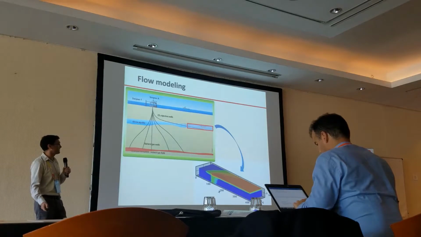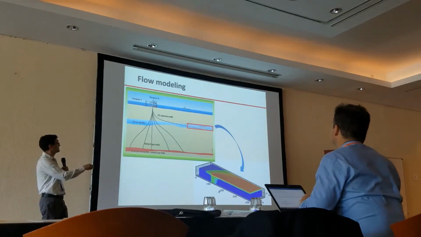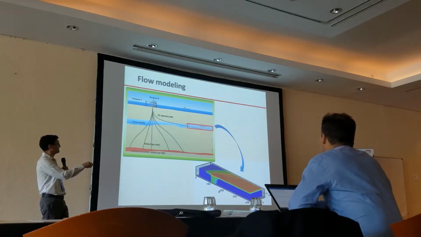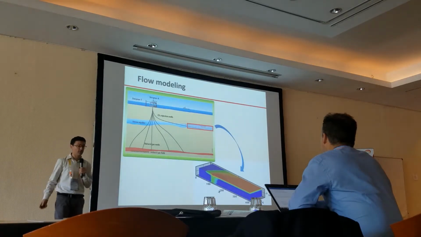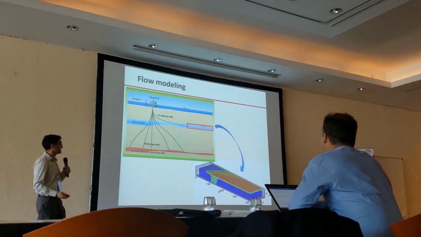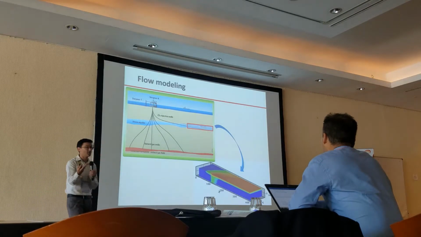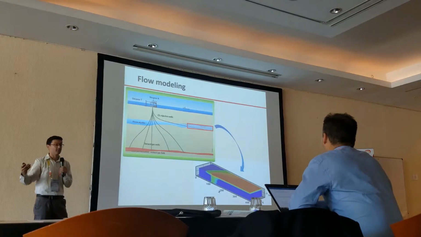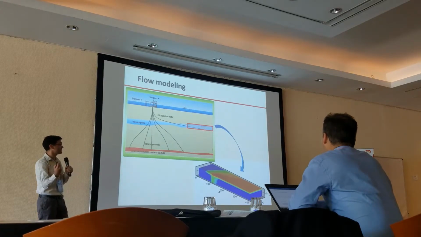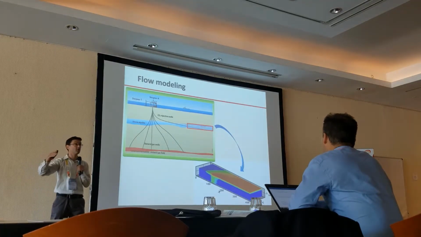So flow modeling, very basically, you identify the region where you are injecting the CO2, and you need to make a physical model by solving the equations. So the physical model, you have to construct it, you have to know the boundary conditions, so basically what the reservoir looks like.